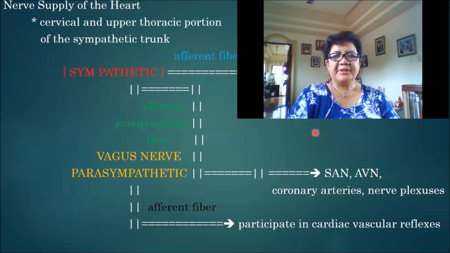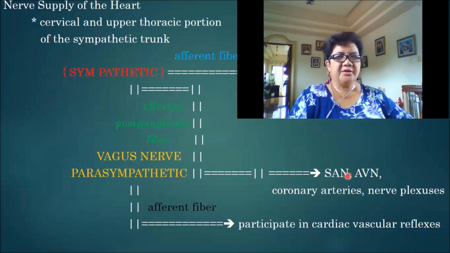Your parasympathetic efferent, just like your sympathetic efferent postganglionic fiber, will go to the sinoatrial node and your atrioventricular node, the coronary arteries, and the nerve plexuses.